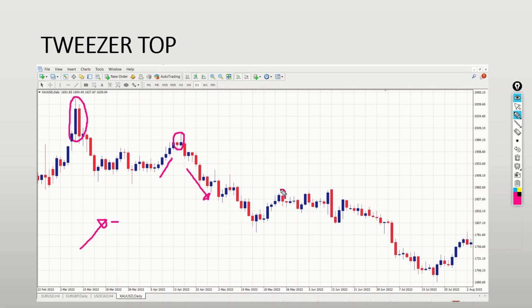Okay. So we also have a tweezer top right here. Where else can we see a tweezer top? Nowhere. This is not a tweezer top. So here you can see the tweezer top. Then right here, this is more clear.